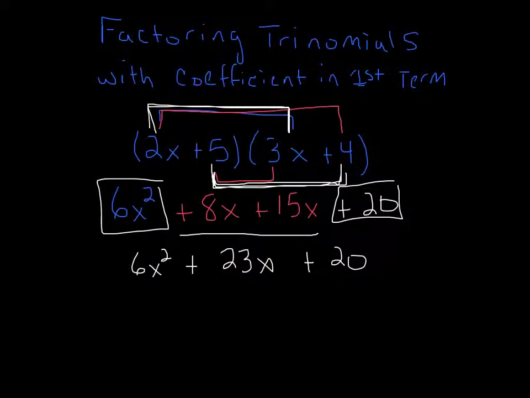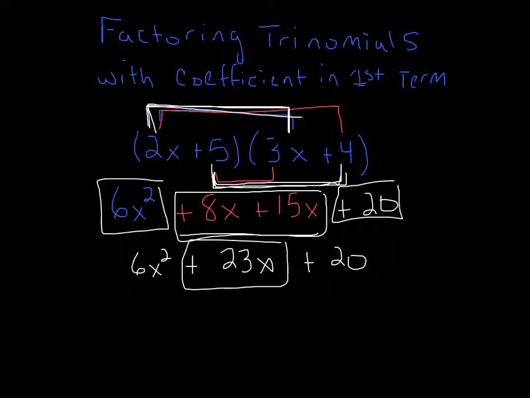Okay, and then the important part that you need to know here is this middle part. Okay, the middle part you get by taking the outer ones and the inner ones and multiplying them together first, and then adding them together, and it ends up being the middle term.